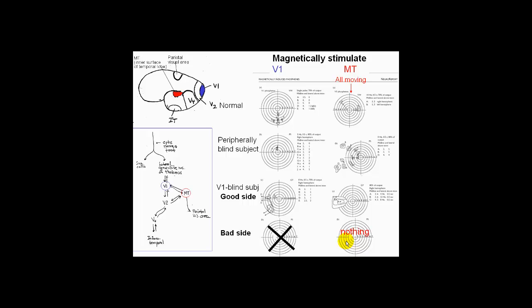But in most cases, you can't do that with humans, for obvious reasons. But in recent years, a technique called magnetic stimulation has been developed, in which you pass a strong, moving magnetic field to the brain.